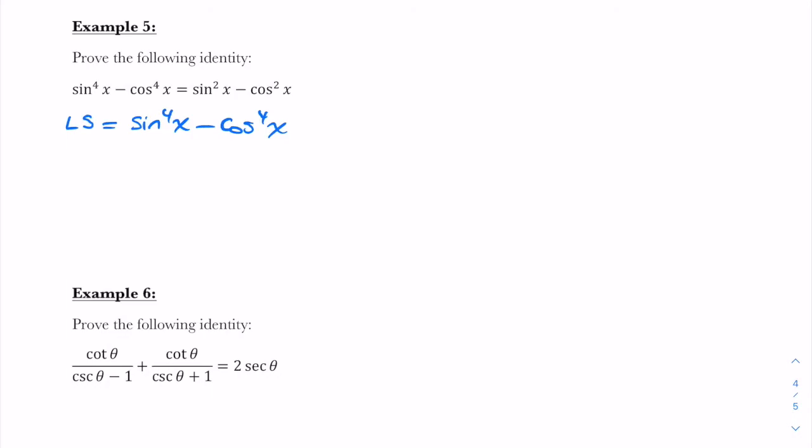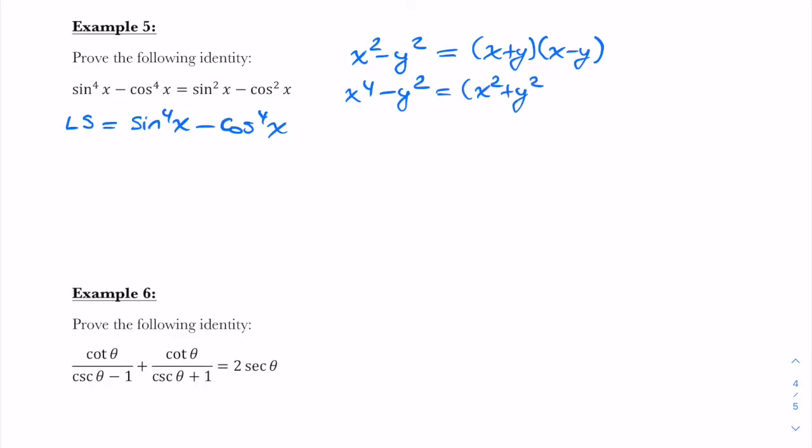For instance, if we had, let's say, x squared take away y squared, that can be factored as x plus y multiplied by x minus y. Similarly, if you had x to the exponent 4 take away y to the exponent 4, that would factor as x squared plus y squared multiplied by x squared minus y squared.